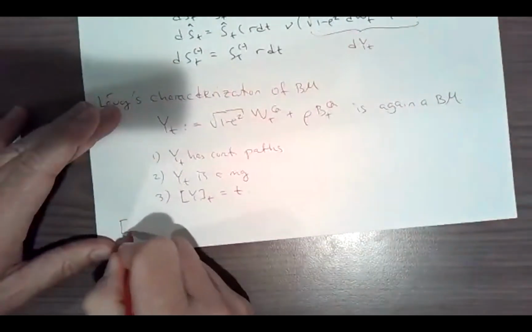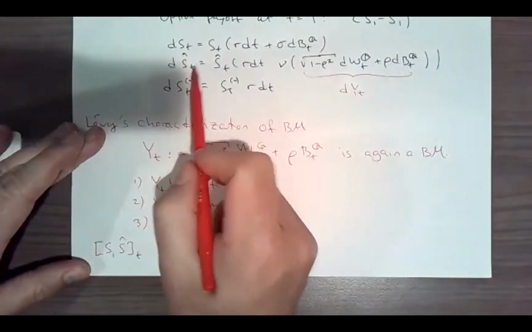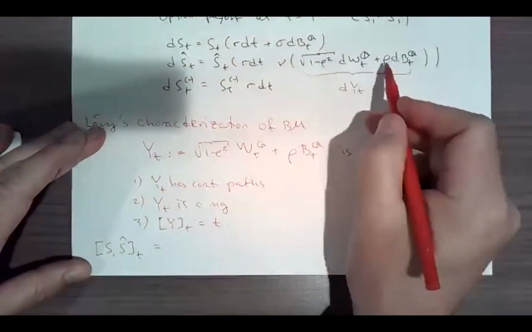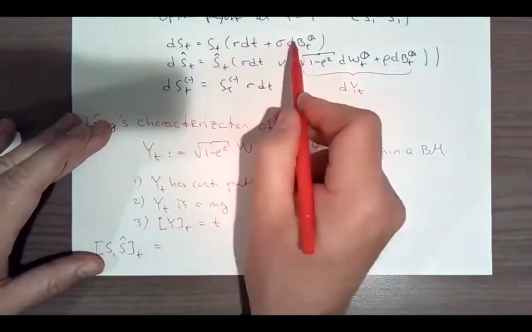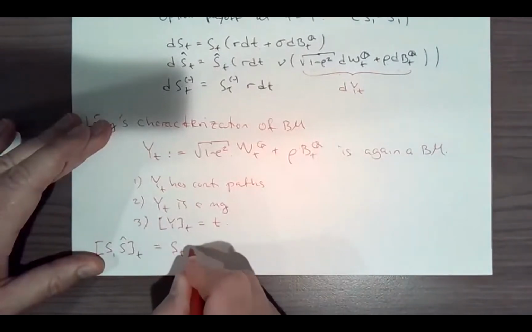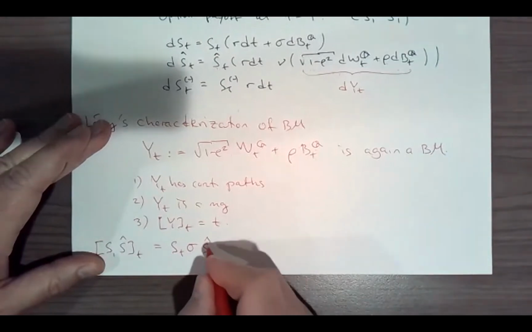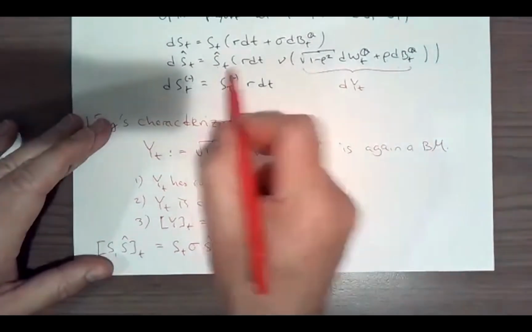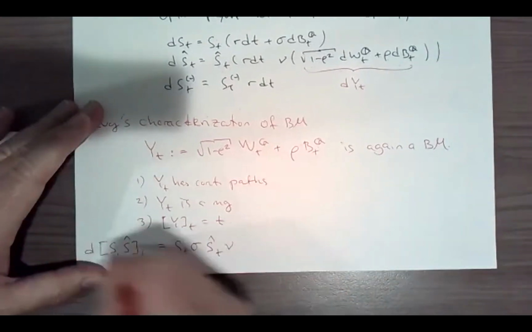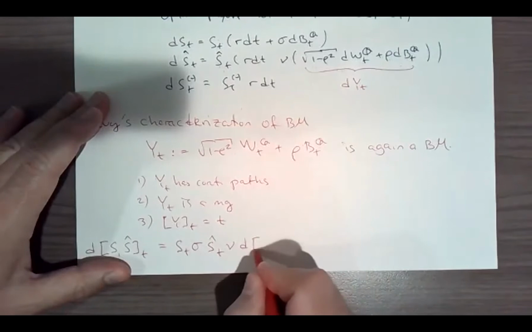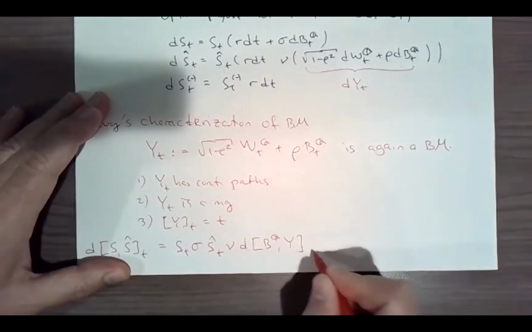It will be the case that the cross variation between S and S hat is going to be exactly controlled by that rho. You take the volatility, so that will be S times sigma, and it'll be S hat times nu. Then it'll be the cross variation between B and Y.